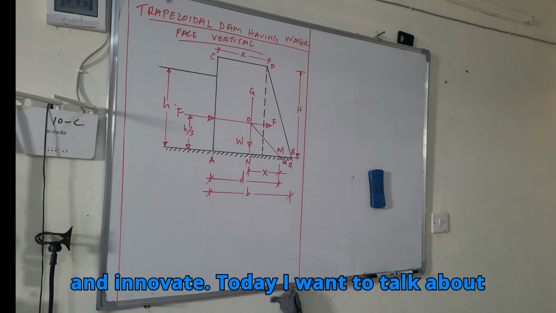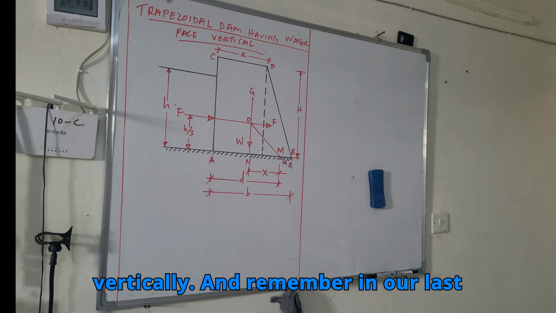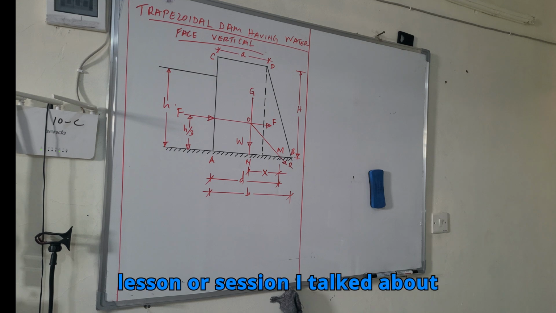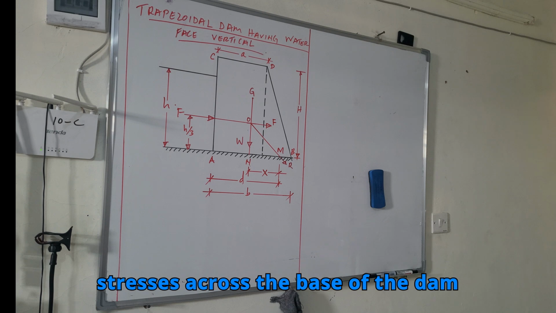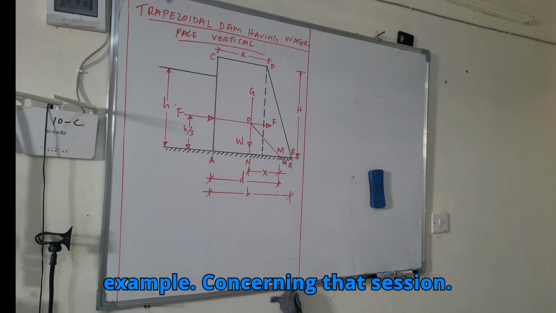Today I want to talk about a trapezoidal dam having water face vertically. Remember, in our last session, I talked about stresses across the base of the dam, and I never did an example concerning that.